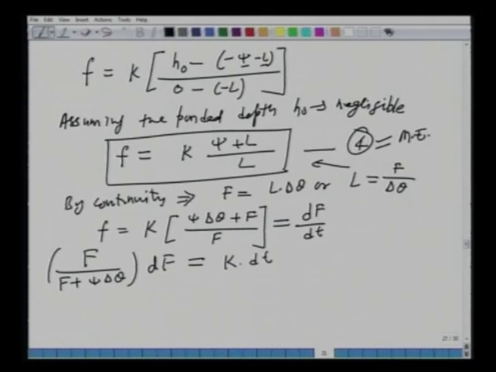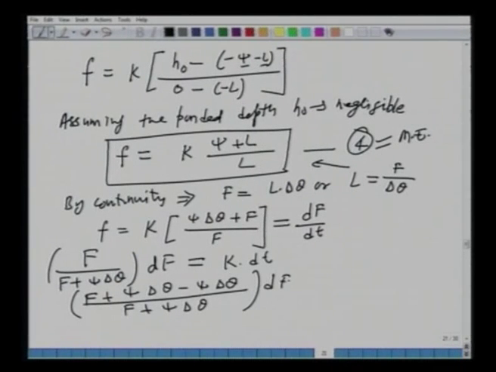Now, with slight algebraic manipulations, we take it on the other side. So, all we have done is added psi delta theta and subtracted psi delta theta.